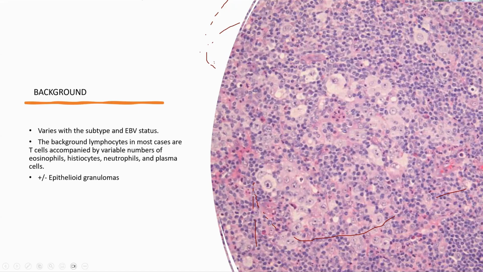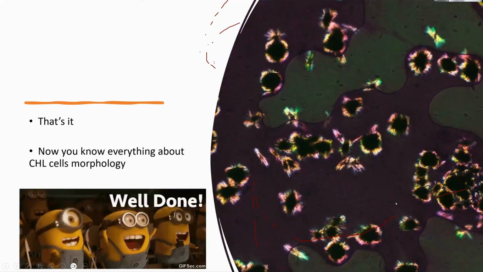It's an important milieu for the development of Hodgkin's lymphoma, and most cases have a predominance of T cells with variable numbers of eosinophils, as we see here, the pink cells, variable numbers of neutrophils, as well as plasma cells and histiocytes, plus or minus forming granulomas. And that's it. Now you know everything about classic Hodgkin lymphoma morphology, and you can diagnose them safely.